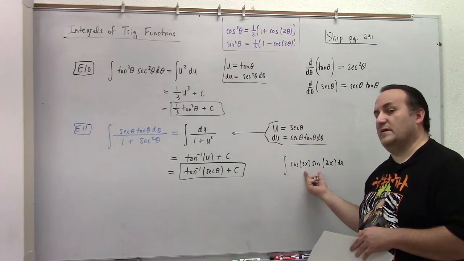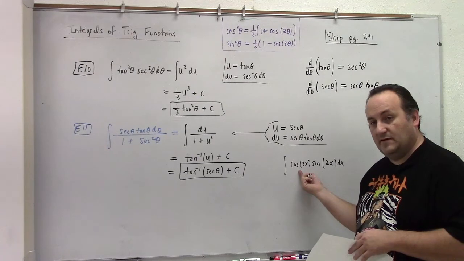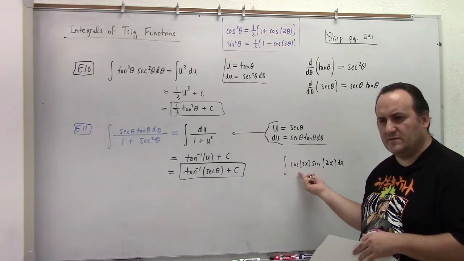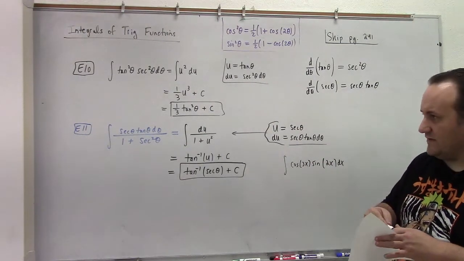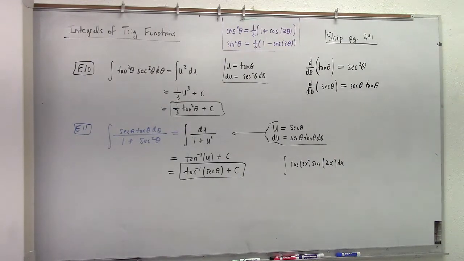Anyway, these trig identities convert the product into a sum of sines, and once you have a sum of sines, then you can do the integration. So that's what page 241 shows you. But I don't want to distract you with that. I want you to focus on the examples we've already done, so I'm not going to add that onto your stack of stuff to do.